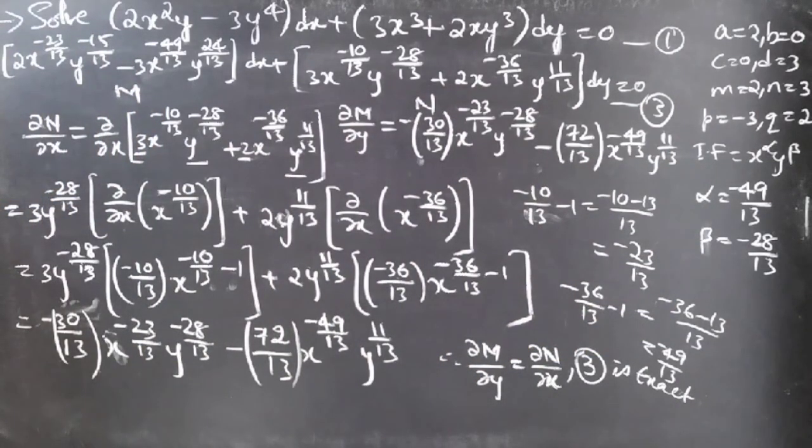Now we came to know that the reduced equation is an exact equation. Now we need to find the general solution to the given equation, which is given by the general solution of the exact equation, equation 3.